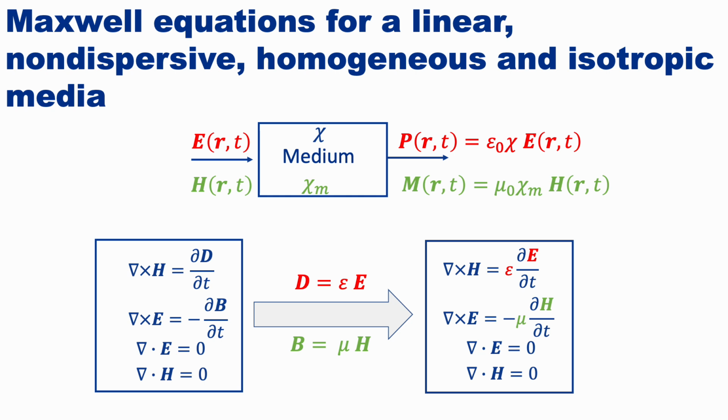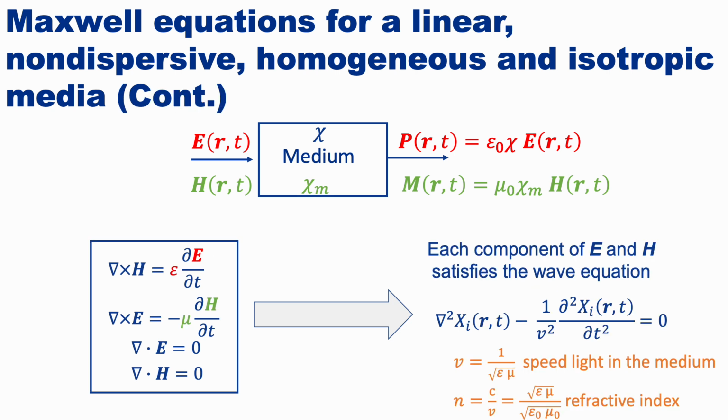And we know the relationship, the Maxwell equations, because now in general terms we can write the electric flux density and the magnetic flux density in terms of the electric and magnetic field. And because the system is homogeneous, both the electric permittivity and the magnetic permittivity are not going to be changing with time, because we say that the system is also non-dispersive.